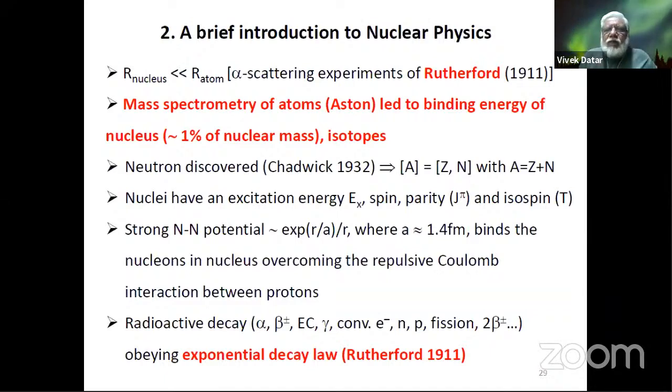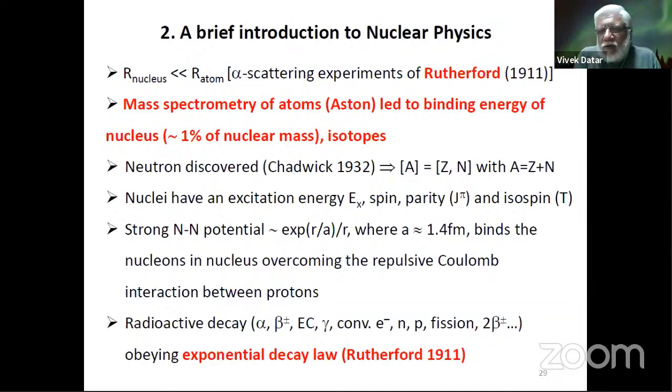Nuclei also have, apart from their ground states, excited states, and there is, of course, separation energy involved. You can separate out a neutron. That's called the separation energy of a neutron. You can remove the last proton, the separation energy of the proton, but also other particles like alpha and so on. They are characterized by a spin and a parity.